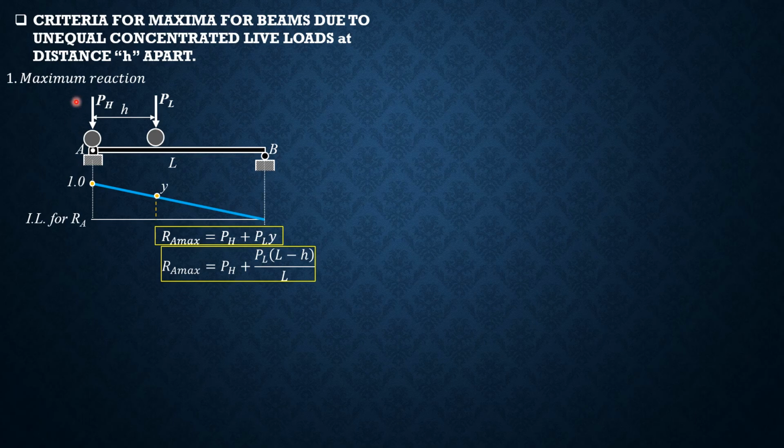One using statics by summing up moments about B, the other by the influence lines. P sub H is the heavier live load and P sub L is the lighter live load.